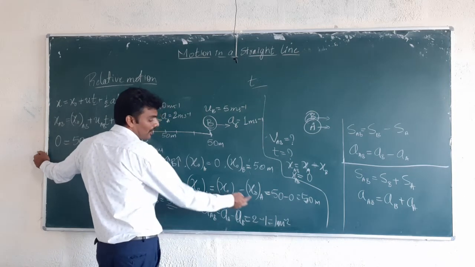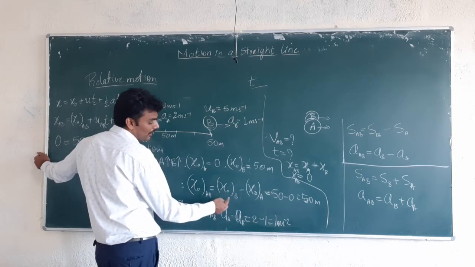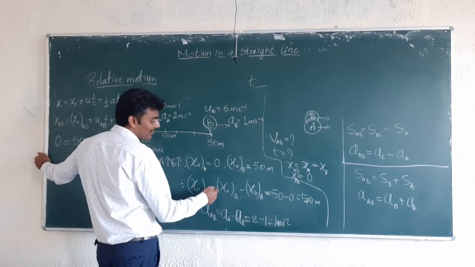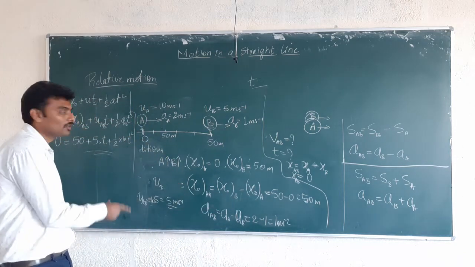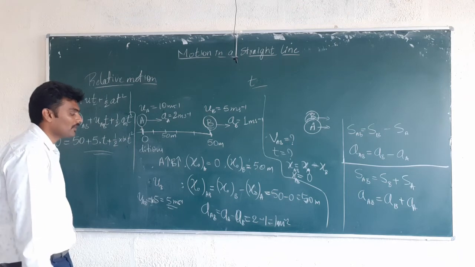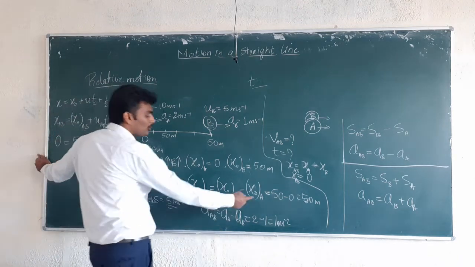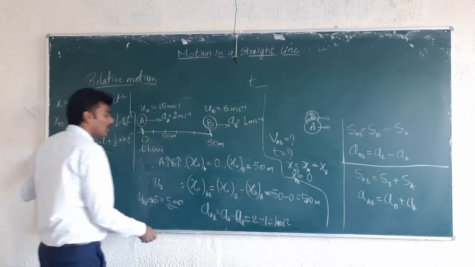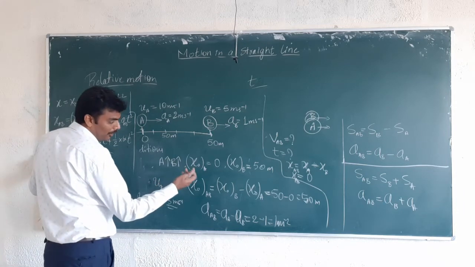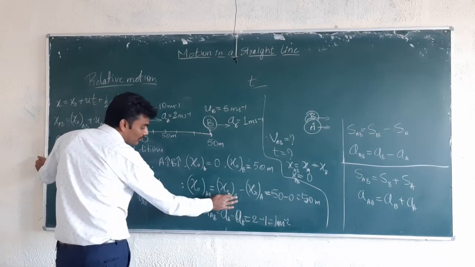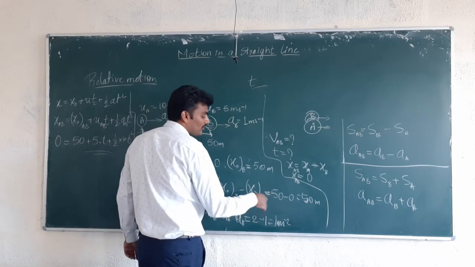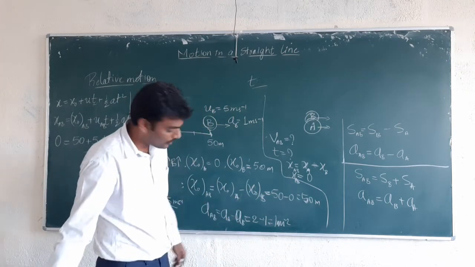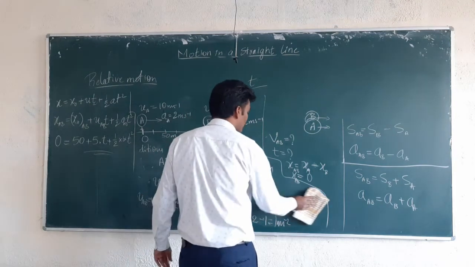But I wrote x naught AB as x naught B minus x naught A. I should carry the same rule throughout the relative situation. So I should first put A and then B, or I can take the opposite direction. Let me take x naught A minus x naught B, which will be 0 minus 50, which will be minus 50 meter.